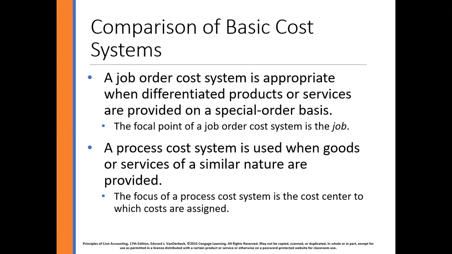A process cost system is a repetitive manufacturing process. The products are similar in nature, so we're going to accumulate cost per process, per department, for example.